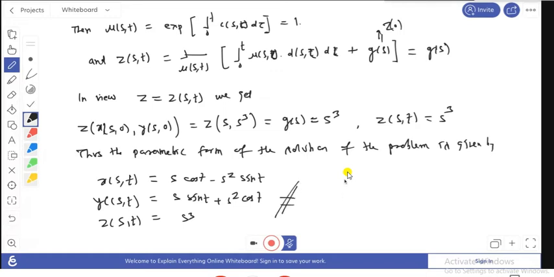So this is the final solution, and here you can eliminate that term and find z of x,y.